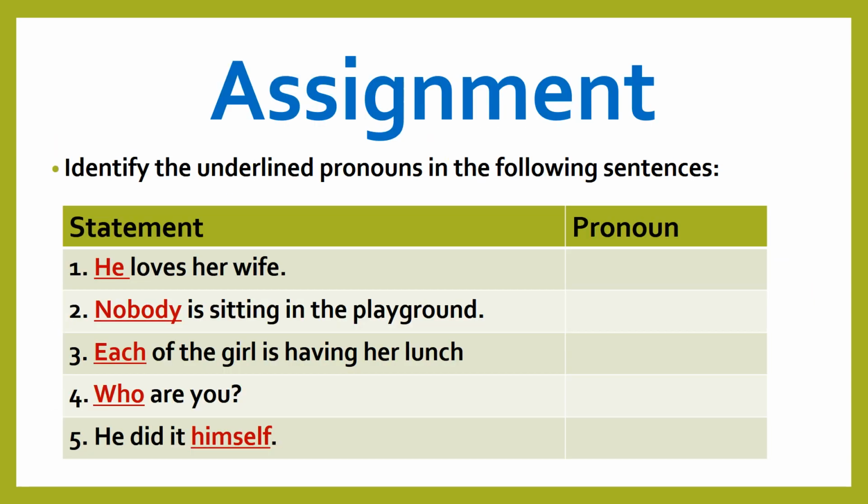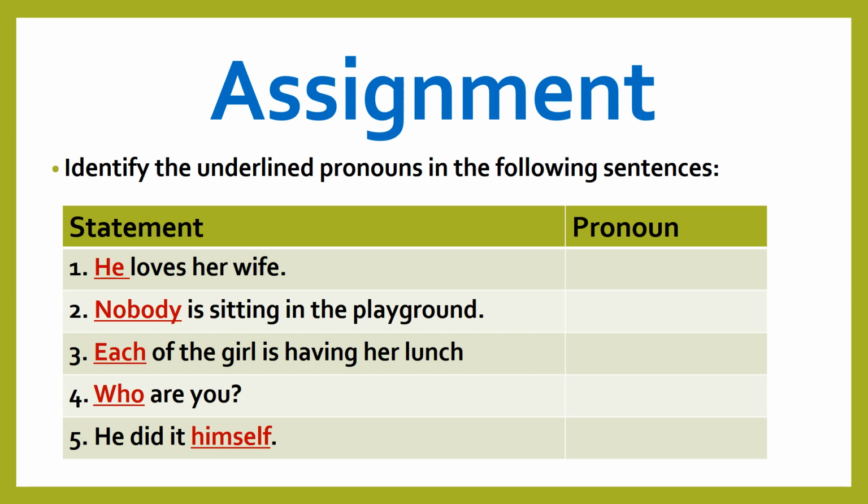Dear students, here is one assignment for you. You will identify the underlined pronouns in the following sentences and write the name of the pronoun opposite to the sentence. Like here we have the first statement, he loves his wife.